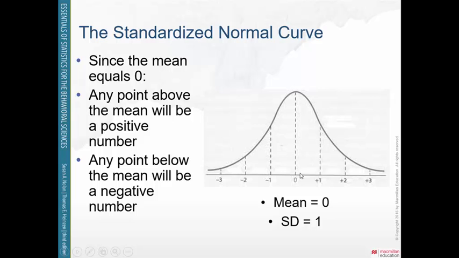Someone could get a score of 0.5, 0.83, 1.23, 2.83, forever. People can score anywhere between 0 and as far as this will go, and same in the negative direction. Basically, these little marks at the bottom here we call z-scores.